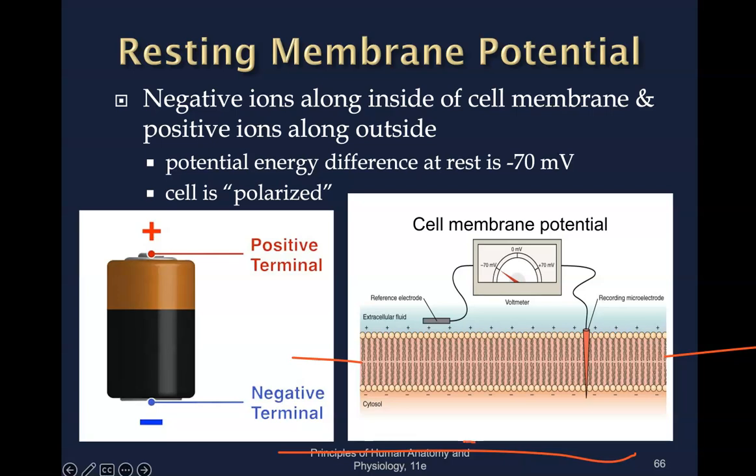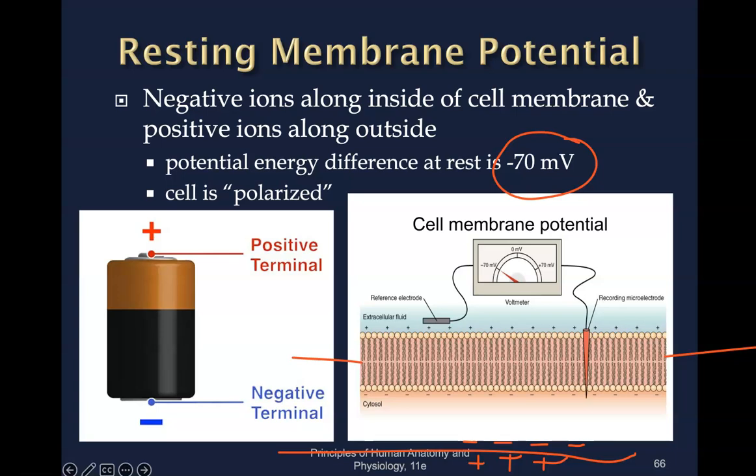You're going to have more negatively charged ions lining the inside of the axonal membrane, and more positively charged ions lining the outside of the membrane, okay? You'll see this all down the axon, and this is what we call our resting membrane potential. It's good to know this number: resting membrane potential is around negative 70 millivolts. That's the potential difference we're going to find in our neurons at rest, okay?